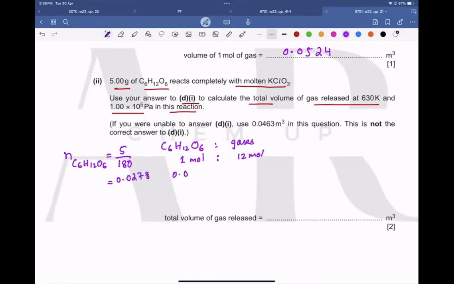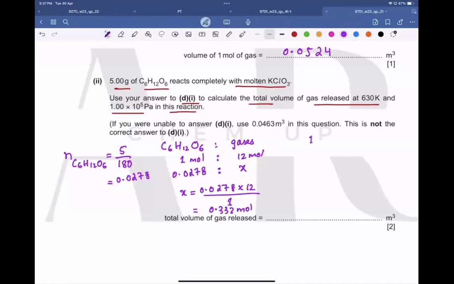So these are the moles of glucose, and how many moles of gas can be produced? So X equals 0.0278 times 12 divided by 1. So multiply by 12 to get the moles of gases which are actually produced. Yes, can anyone tell me the answer, please? It's 0.333 moles. Thank you, Shri.